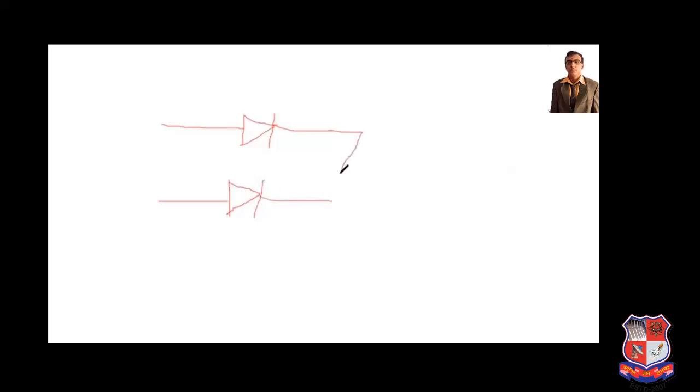Now both of them can be applied to the LED. This is the LED, and here we can get output voltage V0. Also here we can put a resistor if we want. It is used to control the current, nothing else.